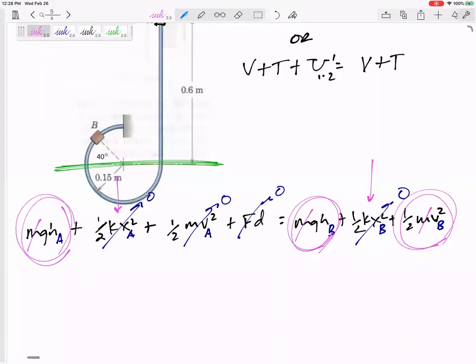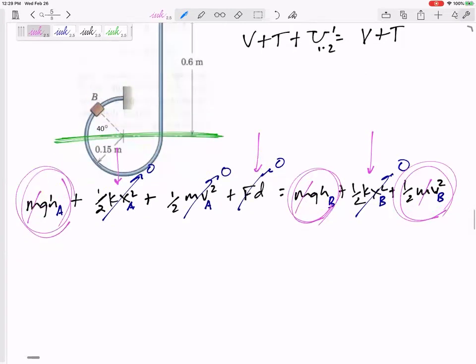If you've got that 1/2 kx squared, there's no mass in there. If you've got this FD, then you probably can't do that. But there are some problems like this one where the mass didn't really matter as far as solving for the velocity. But if there's no problem with keeping the mass in there, why not just keep it?